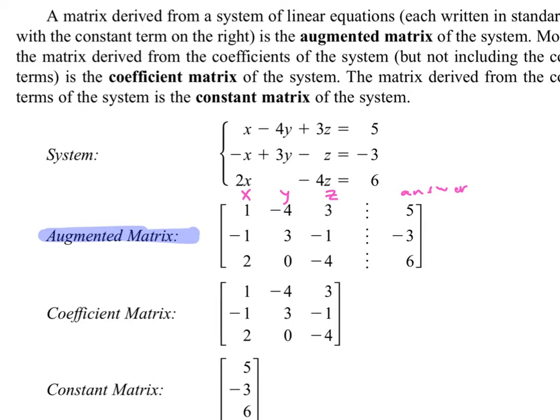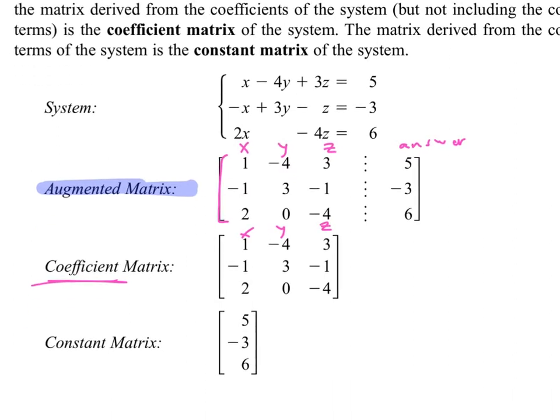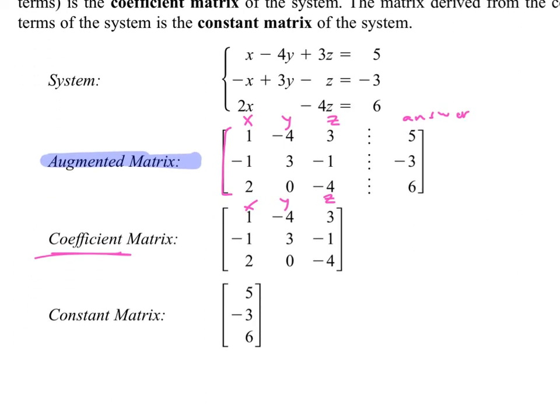We get rid of the x, the y, the z, and the equal sign. Our coefficient matrix is just the coefficients of x, y, and z, and our constant matrix is just the answers.